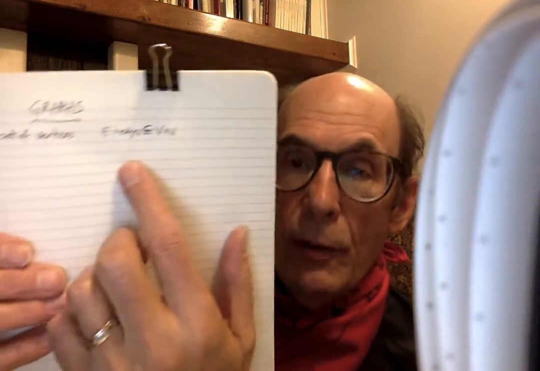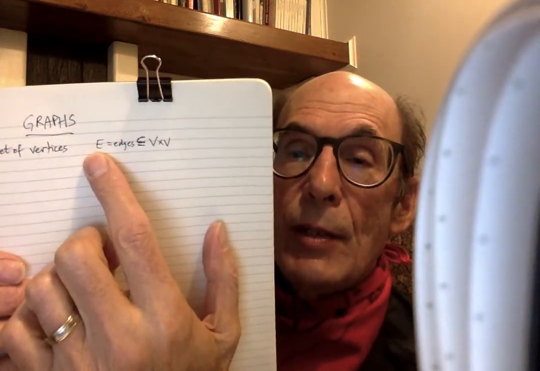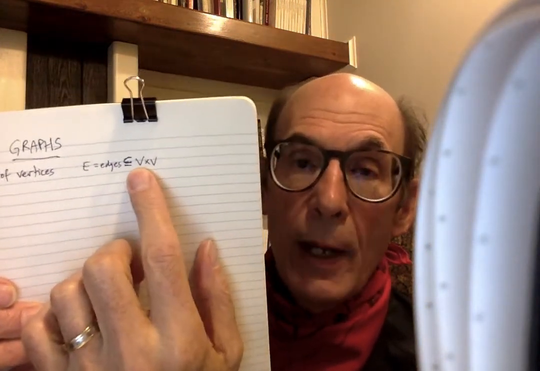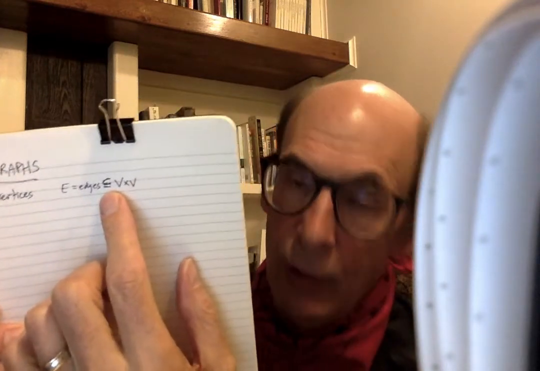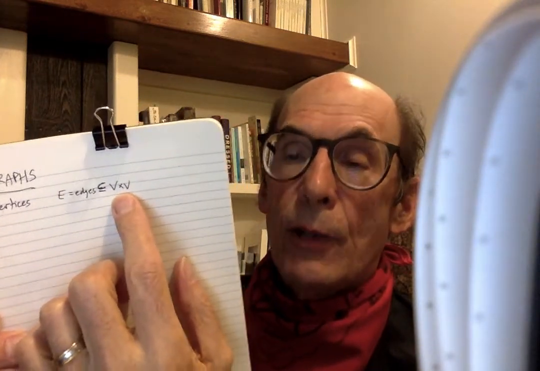And E, those are called the edges, and those are ordered pairs of vertices. So E is a subset of V cross V. This is almost useless except when it's not. So each element of E is an ordered pair, the initial point and the terminal point.